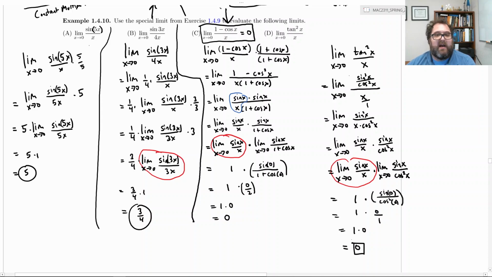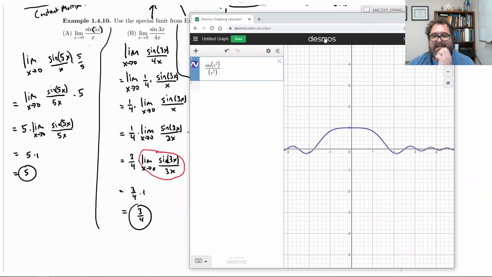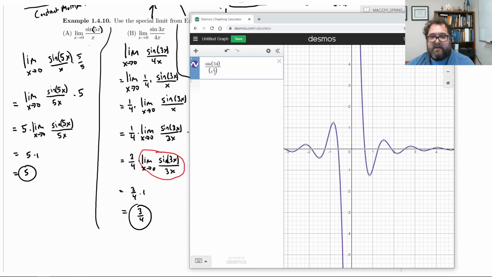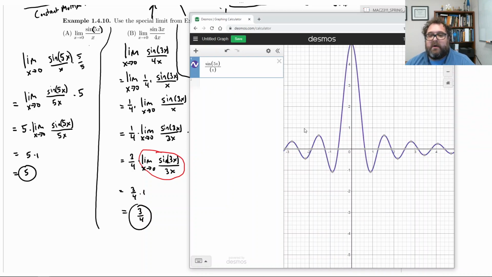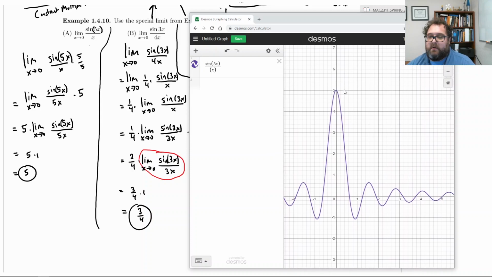Let's verify these graphically. I think we already did the first one, yeah? Let's do it again. So if we replace that with sine 5x over x, we said the answer was what? 5. And notice the y values are approaching 5 from the left and the right.